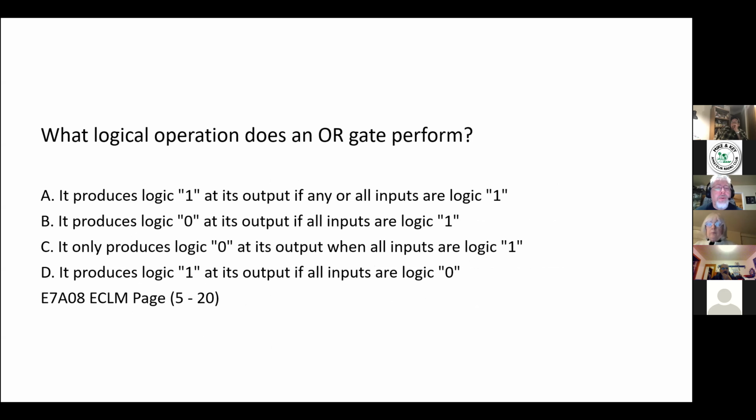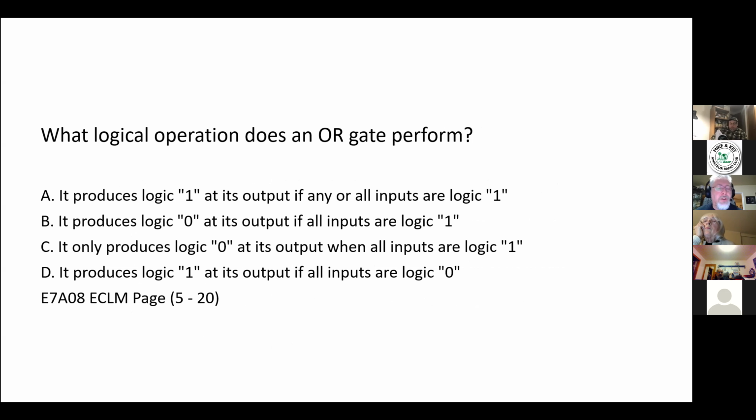What logical operation does an OR gate perform? A, it produces logic 1 at its output if any or all inputs are logic 1. B, it produces logic 0 at its output if all inputs are logic 1.